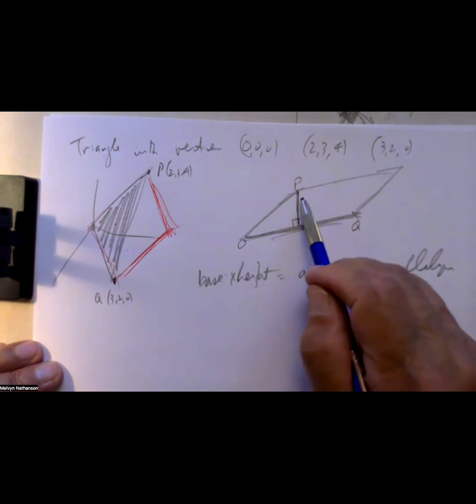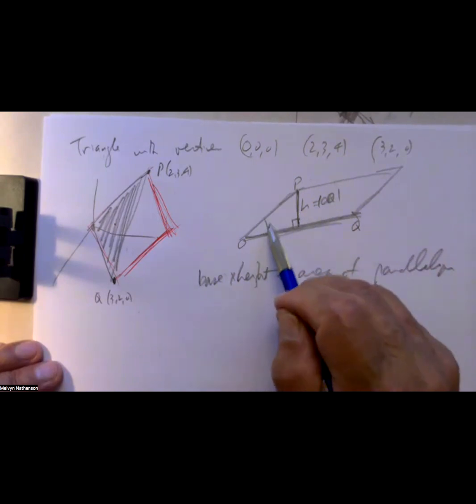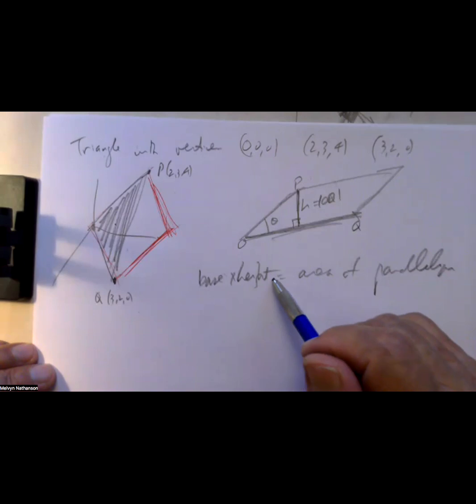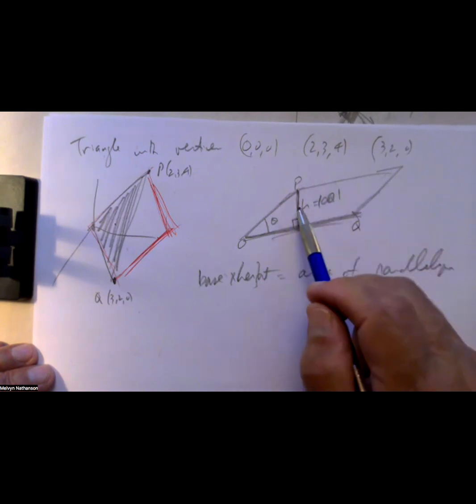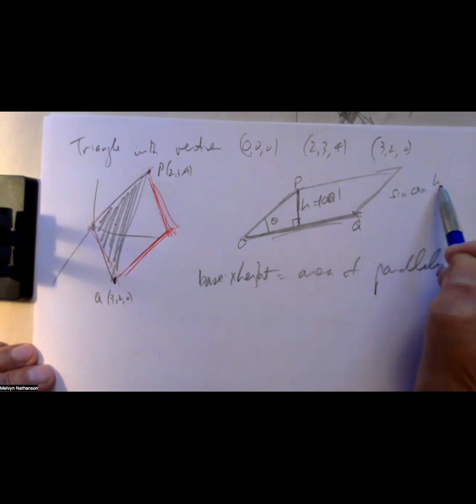This height, called H, and this angle is theta. Sine of theta is H over the length of OP.